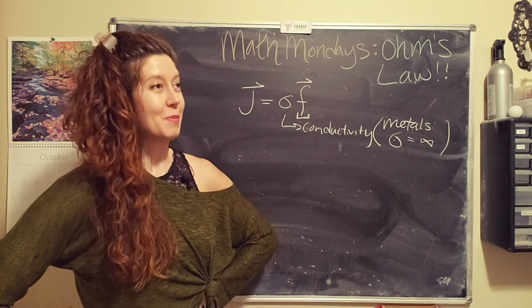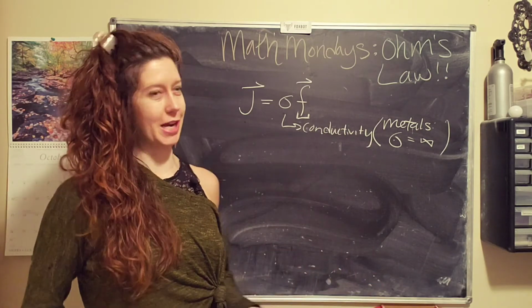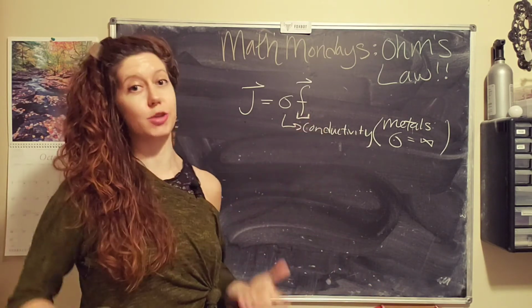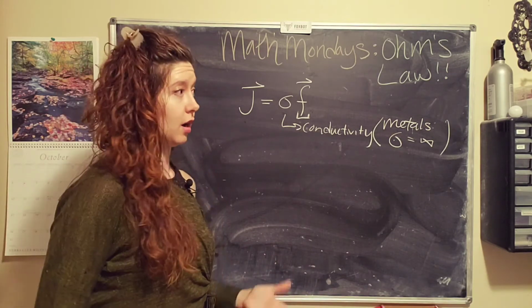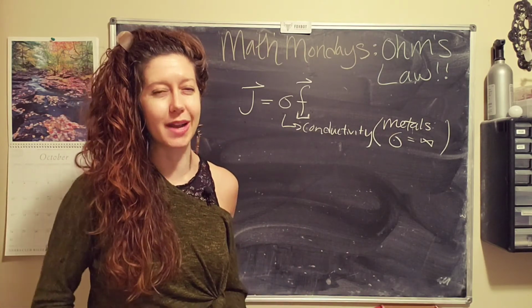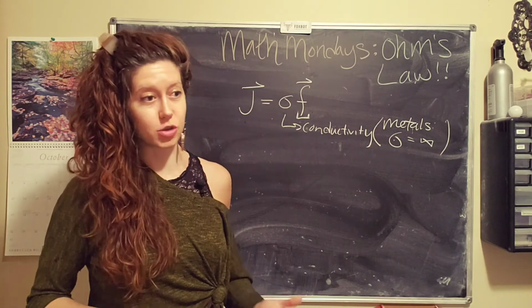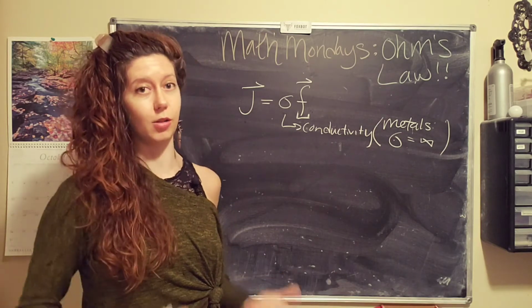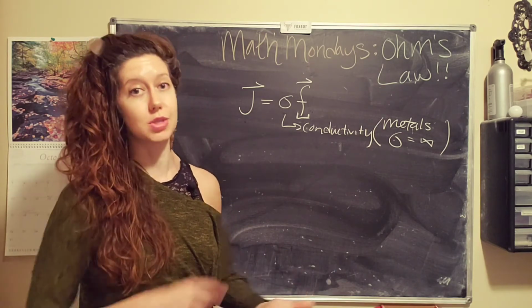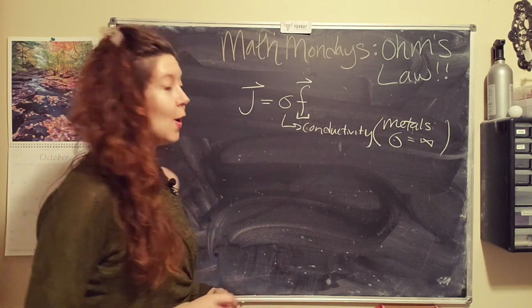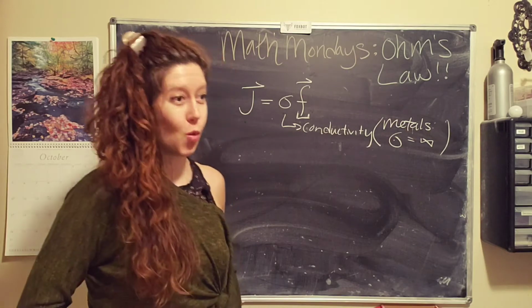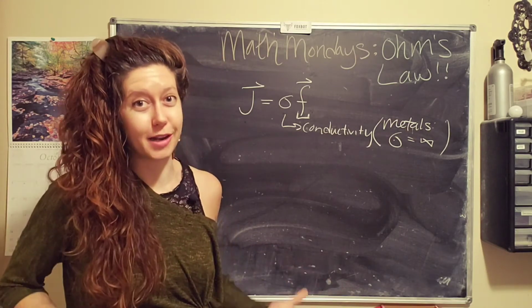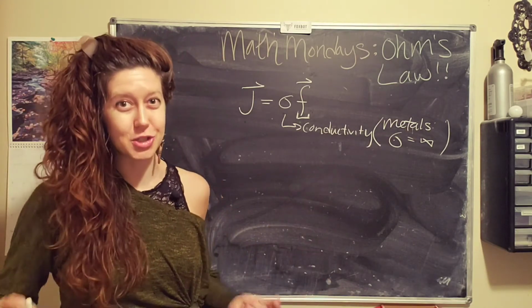But most of the time in electrodynamics, what we're dealing with is an electromagnetic force that causes these charges to move. I attach a battery to a circuit, and that has a potential difference, and so it is an electromagnetic force that causes the charges to move around the circuit. Or maybe I have a magnet and I wave it through a coil of wire. That is an electromagnetic force that causes the charges to move.